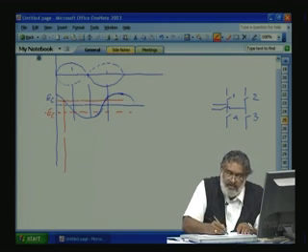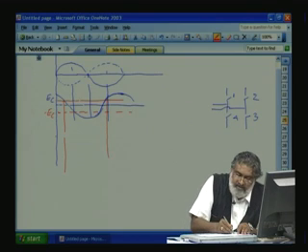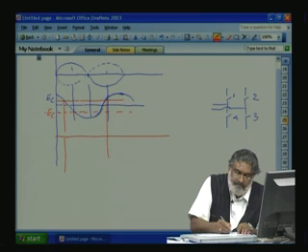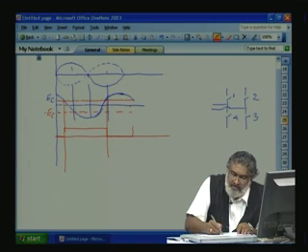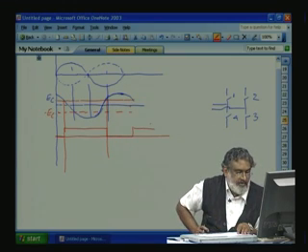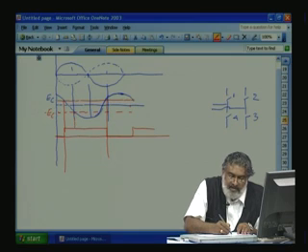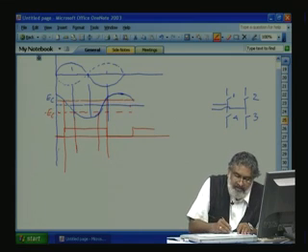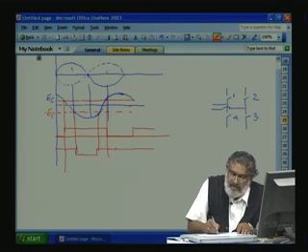Let us take the positive side. Here, then again here it will be 0, then again it will go high here. On the negative side, using comparators, we generate a signal like this. Again it will go like this.